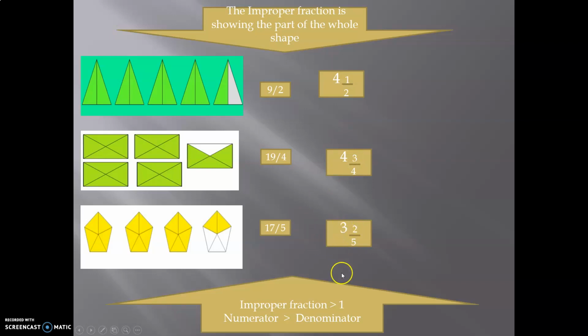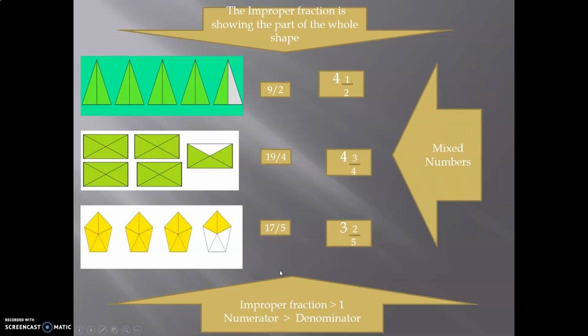So 3 of course is greater than 1. 4 of course it's greater than 1. So the mixed number or the improper fraction is more than 1 because the numerator is greater than the denominator. So we can make the mixed number.